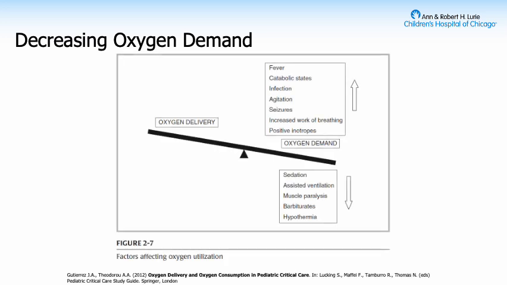And while the last slide focused on increasing supply, so to speak, with volume, with pressors, with relieving obstruction, another key point to treating and managing shock is decreasing oxygen demand using sedation, assisted ventilation, paralysis, and hypothermia if needed.